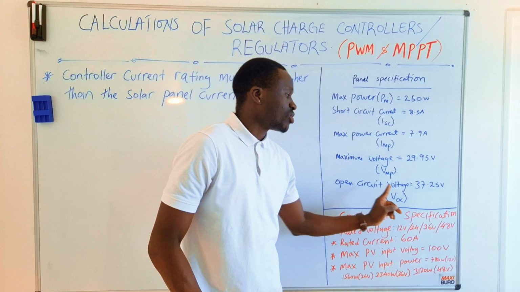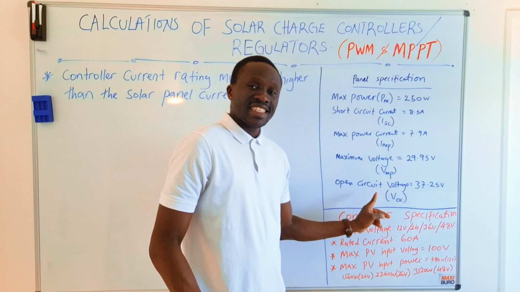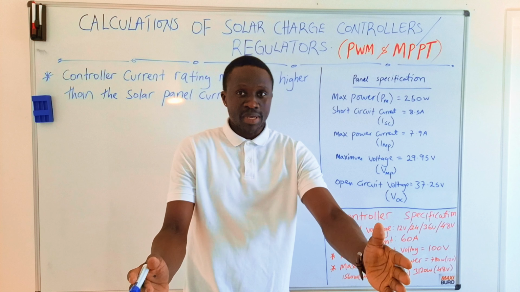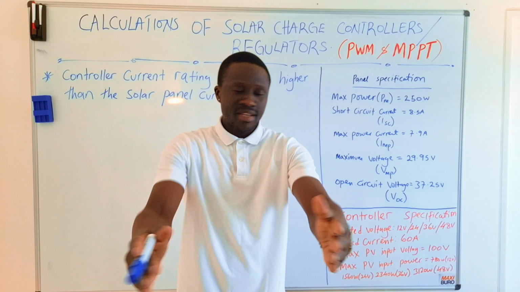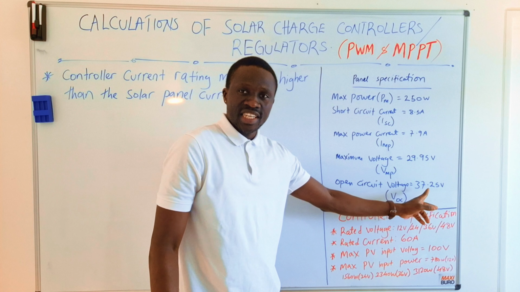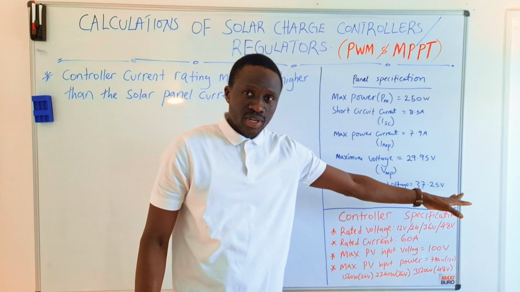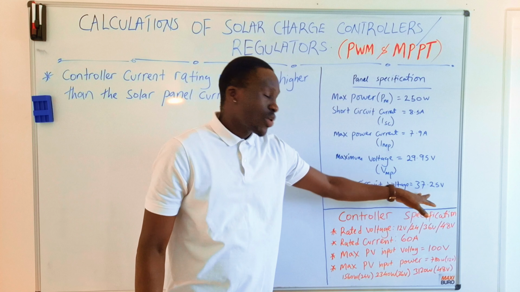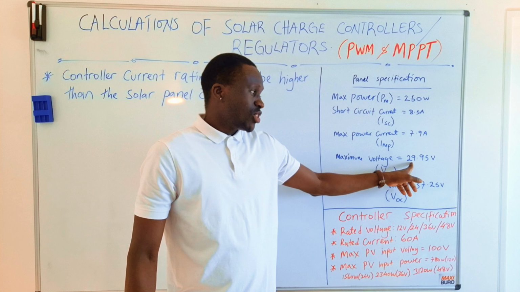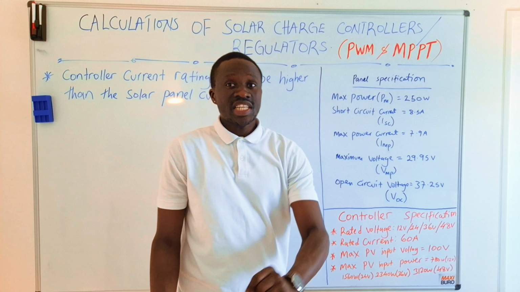When it is not connected to the load, the circuit is open, positive, negative, open. It will give you 39.25 volts when it is open. When it is connected, it will show 29 volts when it is charging the battery.